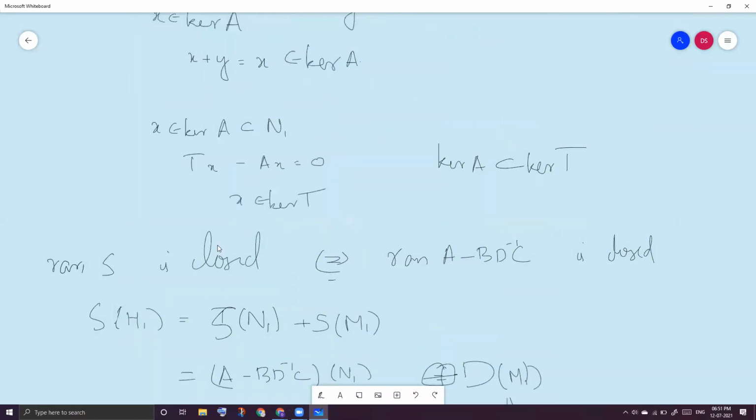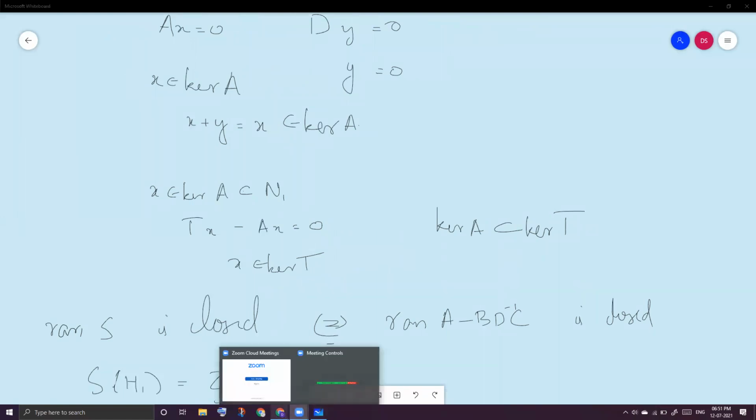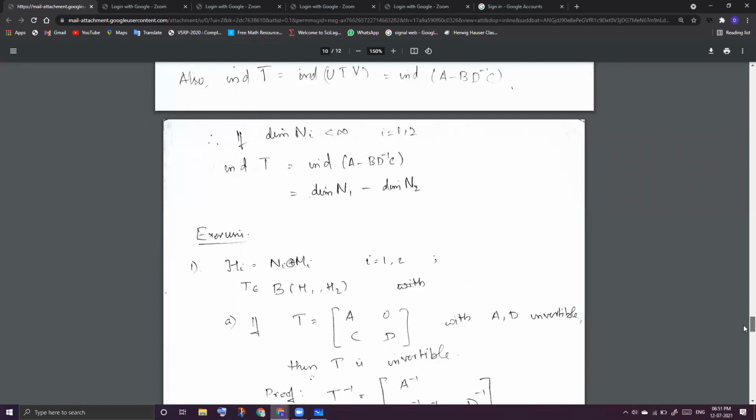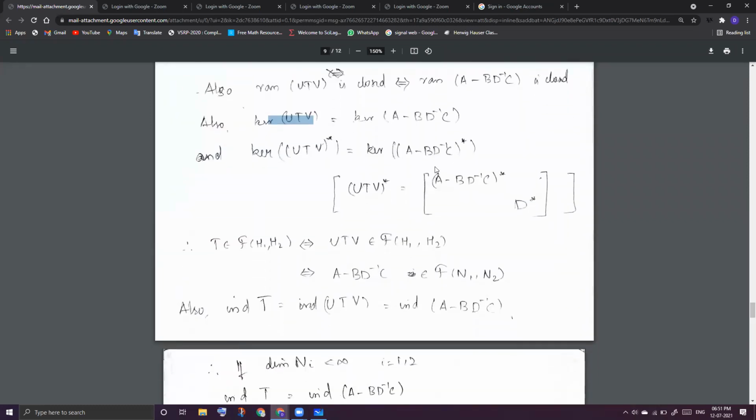For this A and T, due to similar reasoning, the kernel of UTV is actually the kernel of A minus B D inverse C, and similarly the kernel of UTV star is going to be the kernel of A minus B D inverse C star, because UTV star is going to be this one.